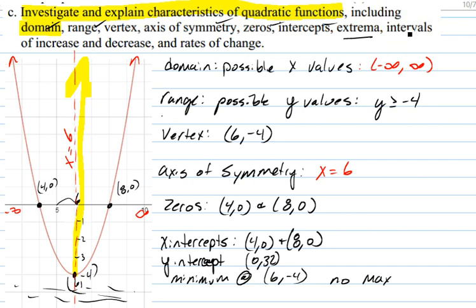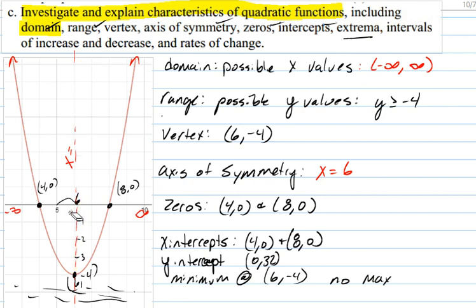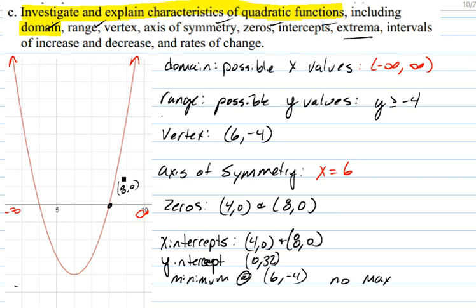And the next thing to look at is our intervals of increase and decrease. I'm going to erase some of this just to clean up the graph a little bit. You read these from left to right. So see that my graph is going up from the vertex as I move along the x-axis.